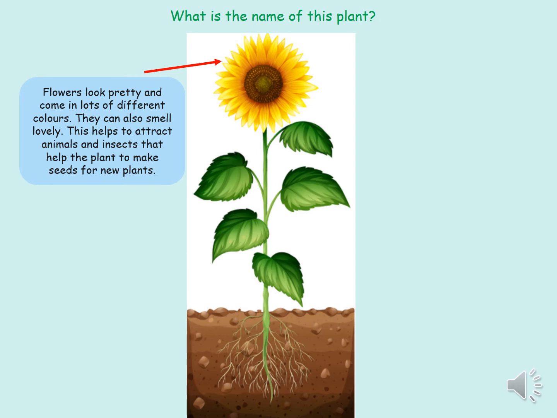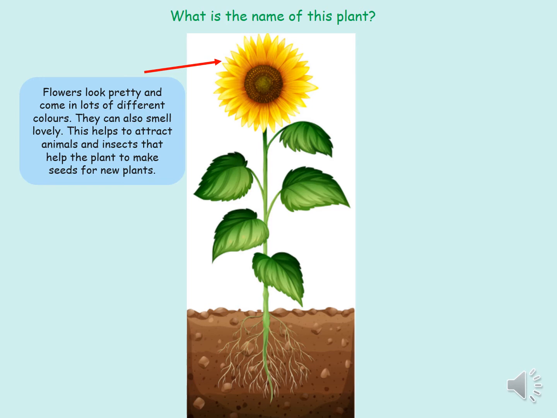That is why people tend to pick flowers and smell the top part, which is the flower, because it smells very, very lovely. This helps to attract animals and insects, which then help the plant to make new seeds for new plants.